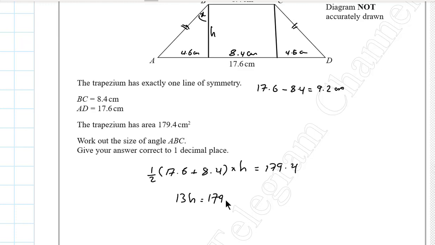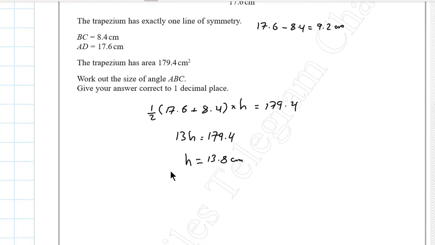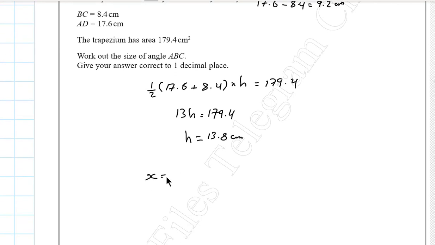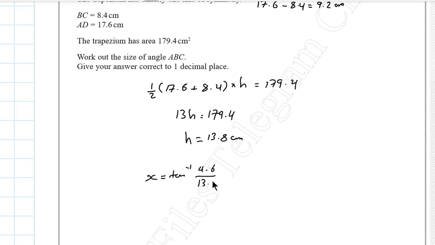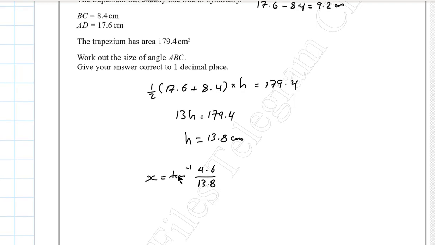13h equals 179.4, so we can get h as 13.8 centimeters. Then in this triangle we can say that tan x equals 4.6 divided by h, or easily you can say that x equals tan inverse of 4.6 divided by 13.8.